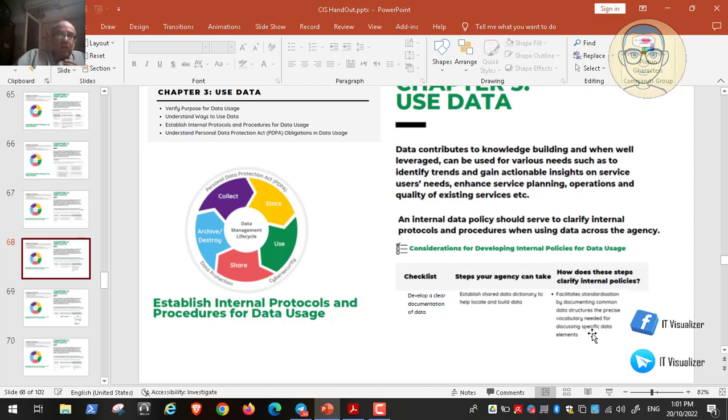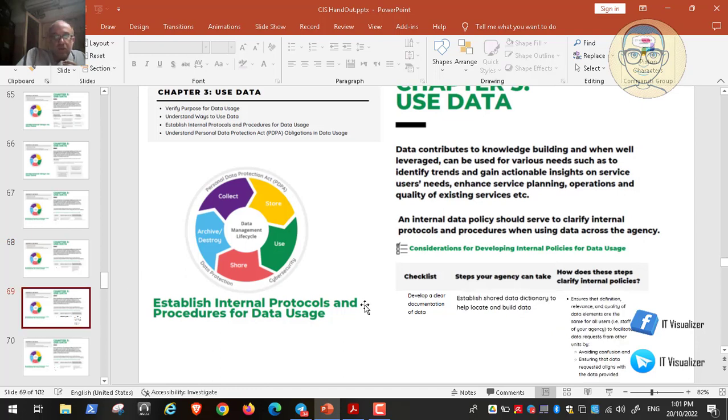When I say financial data, it means there are some terms related to the financial data, some very specific terms. So it says here it facilitates standardization by documenting common data structures and the precise vocabulary needed for discussing specific elements. So here again, this falls under the shared data dictionary.